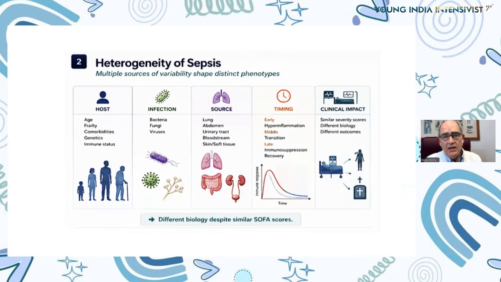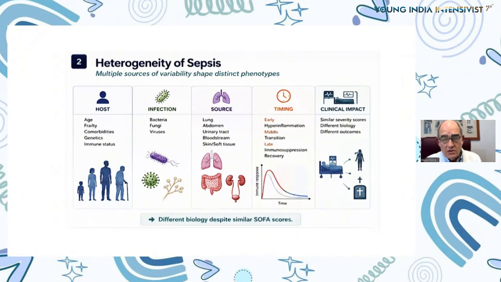The heterogeneity of sepsis is related to the multiplicity of the sources and the variable shape for every distinct phenotype, starting from the host: the age, the frailty, the comorbidities, genetics and immunostatus characterize different conditions, as is true for the infections that can be caused by bacteria, viruses, or fungi.